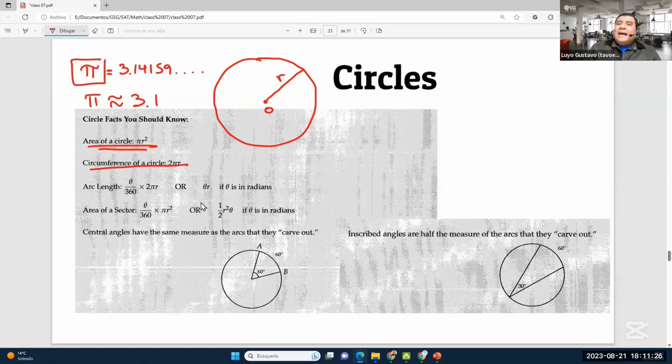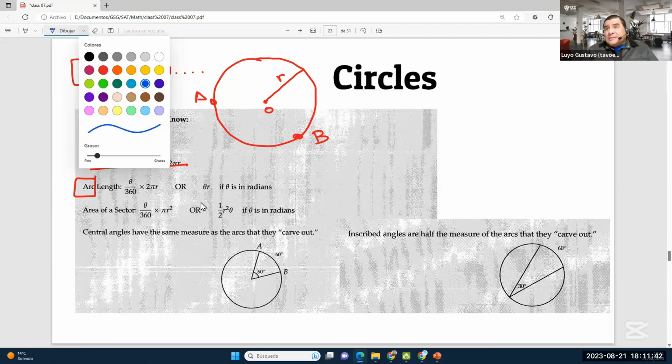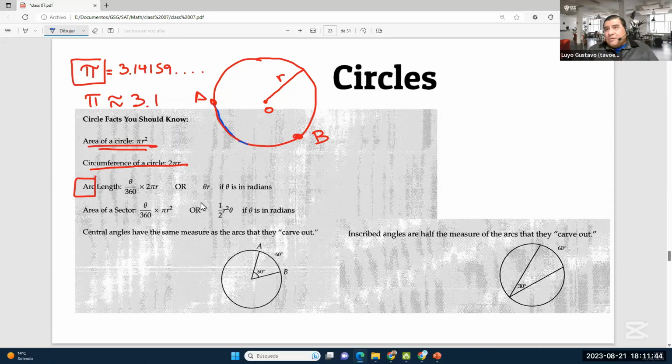What is an arc? Well, an arc is a portion of the circumference between 2 points on the border. Say, for example, this is point A and this is point B. So what is an arc? For example, this portion of the circumference between points A and B. It's possible this, or it's possible the other way around.